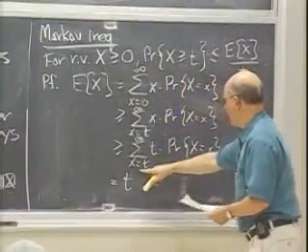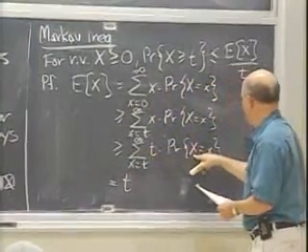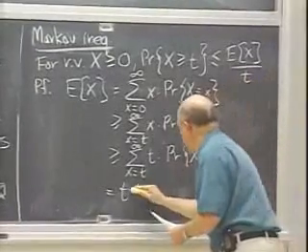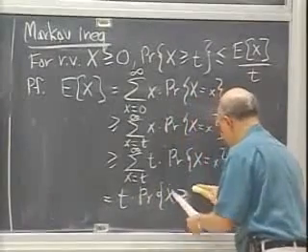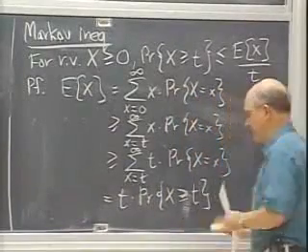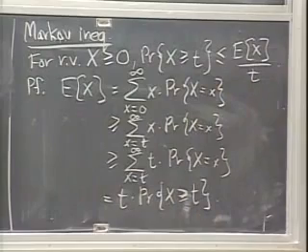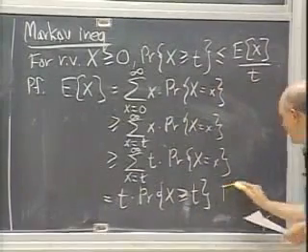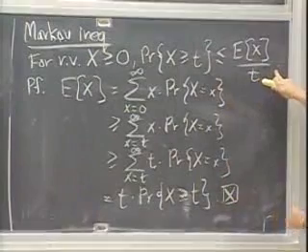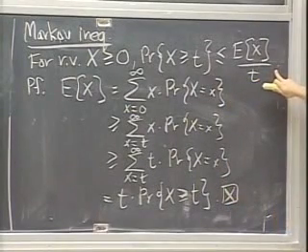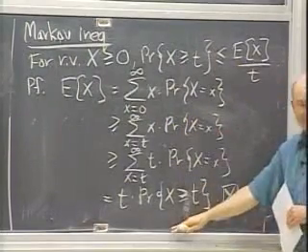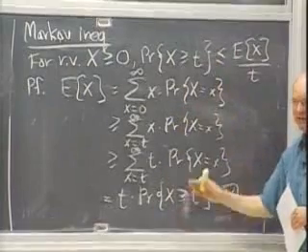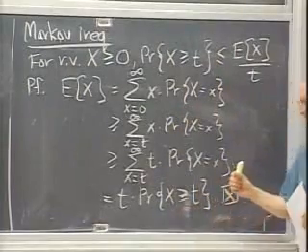That's equal to t, because I can pull it out, times the summation from x equals t to infinity of the probability that X equals x, which is just the probability that X is greater than or equal to t. And that's done, because I just divide by t. So that's Markov's inequality. Really simple.